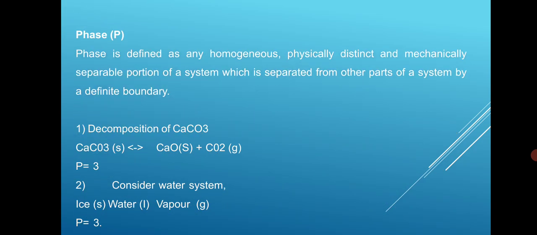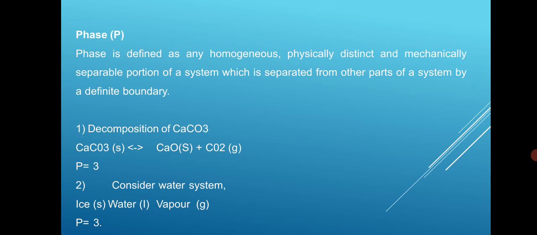Let us see phase. Phase is defined as any homogeneous, physically distinct and mechanically separable portion of a system which is separated from other parts of the system by a definite boundary. The best example is the gaseous phase. Gases exist as a mixture.